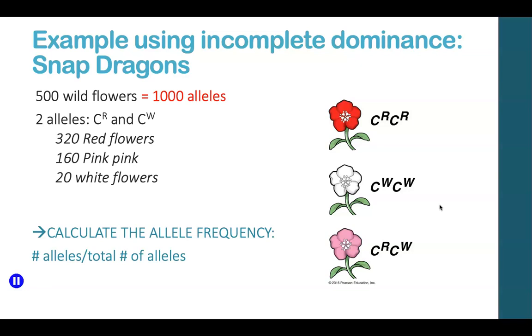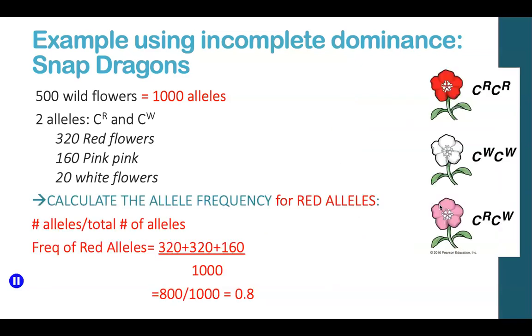So in order to calculate our frequency, we need to know the total. So if there are 500 flowers and each flower has 2 alleles, we have 1,000 alleles total in our population. Let's start by calculating the frequency of the red allele. So for our red allele, we first need to know the total.